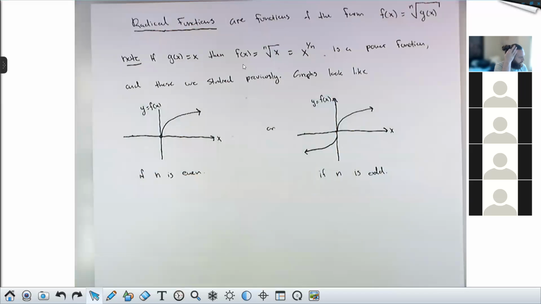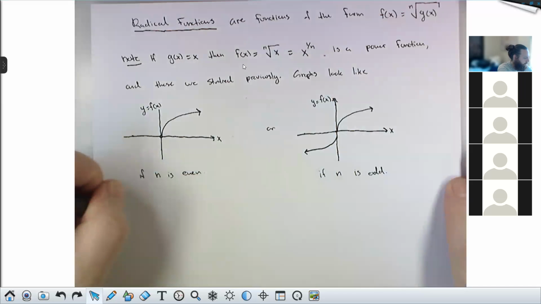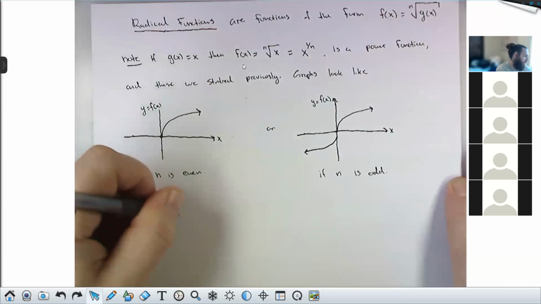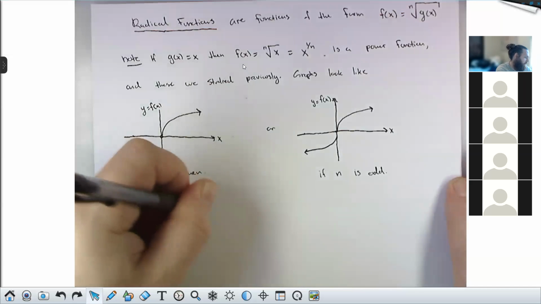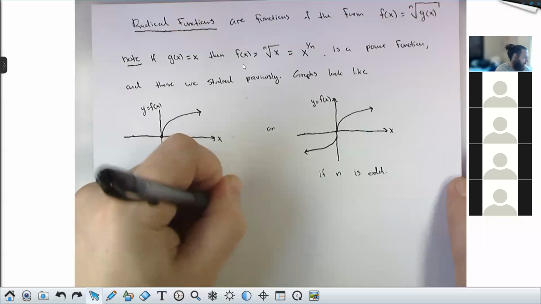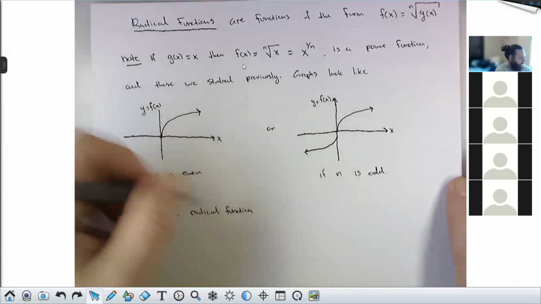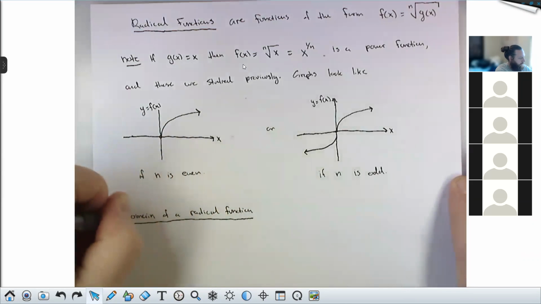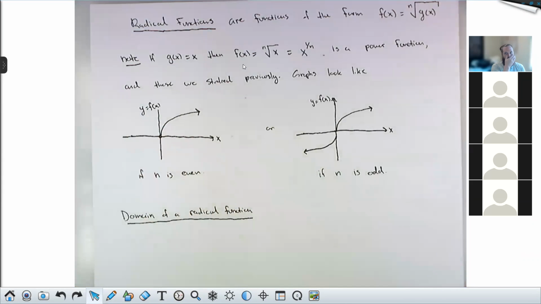So let me remind you, one of our domain red flags from earlier in the semester is going to come up here. We said if you have variables under an even root, then you need to make sure that that stuff under the radical is greater than or equal to 0.